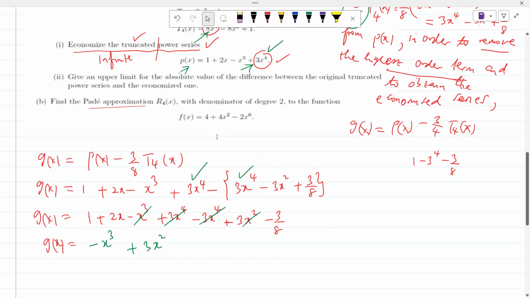Moreover, we are able to see that we therefore have minus x cubed. Then you have 3x to the fourth power, eliminated. So we have 3x squared. What else is left? We have a linear term, and the linear term is plus 2x.